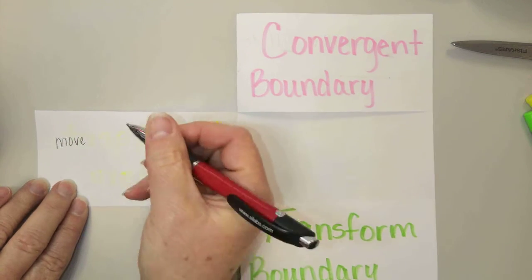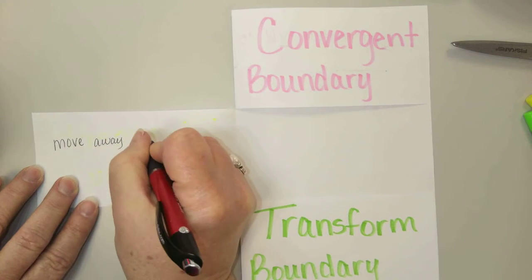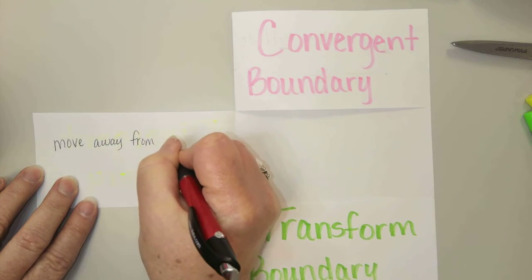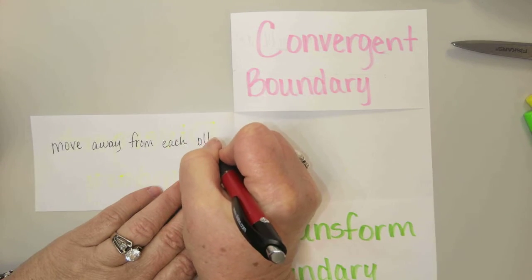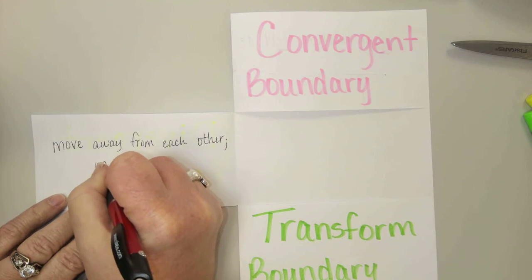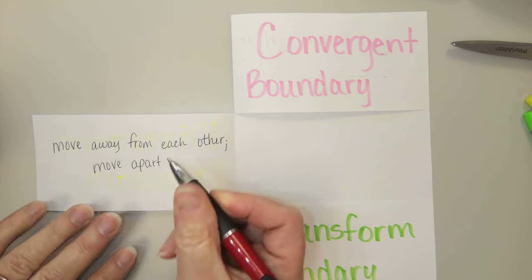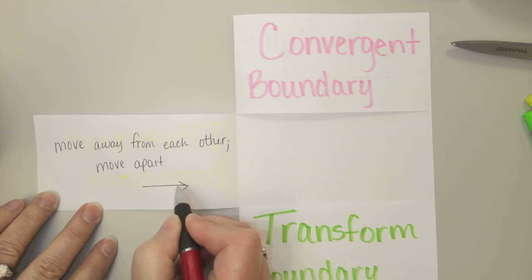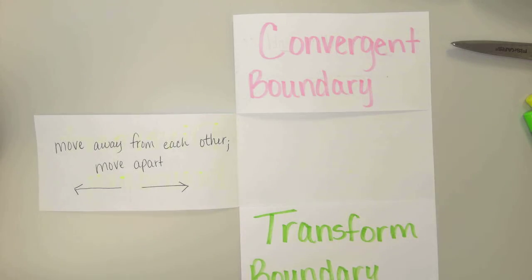So we're going to write move away from each other. This is where the plates move away from each other. They're separating. I'm also going to put move apart. Showing this, we're going to do two arrows going in opposite directions.